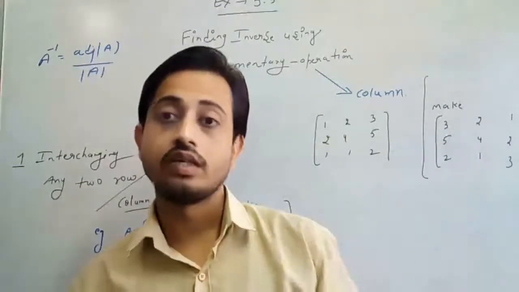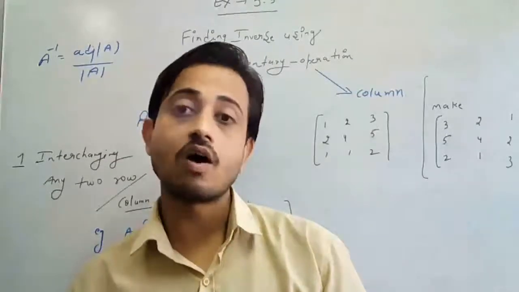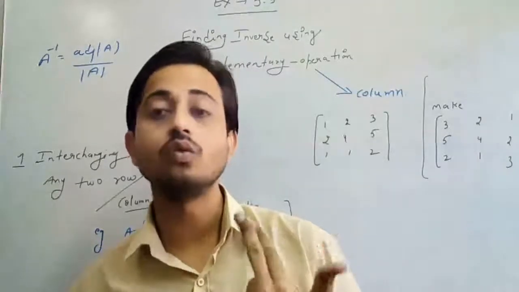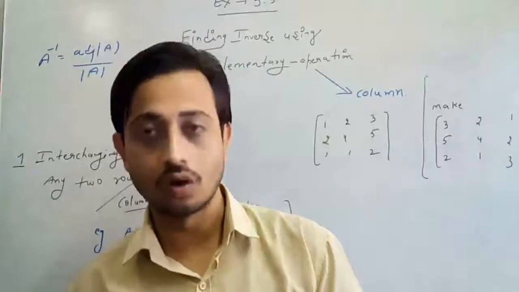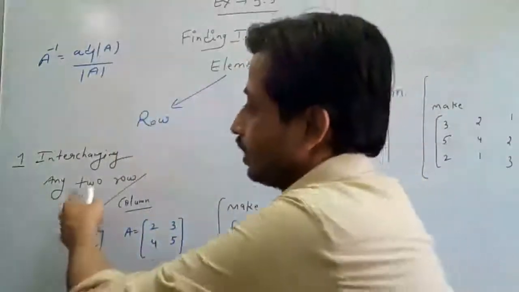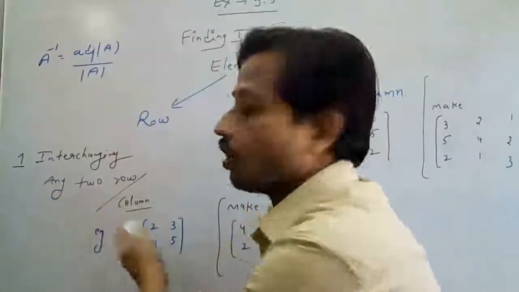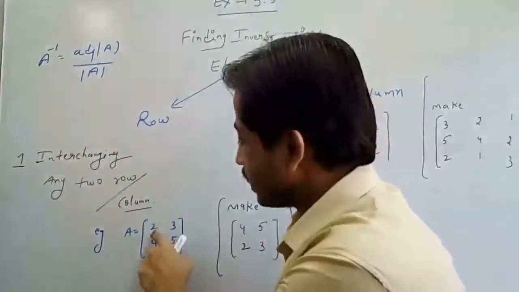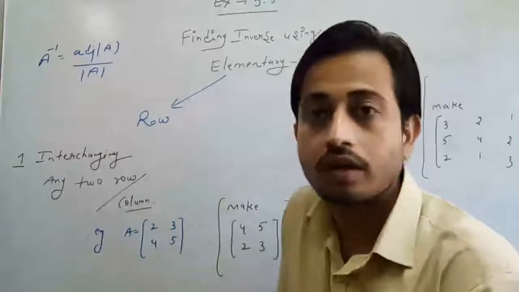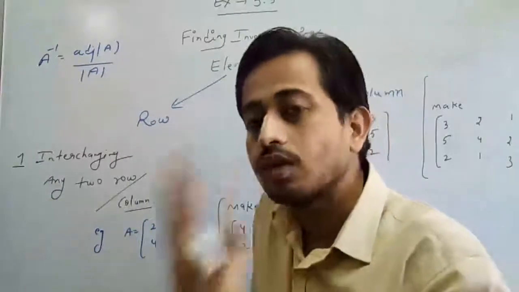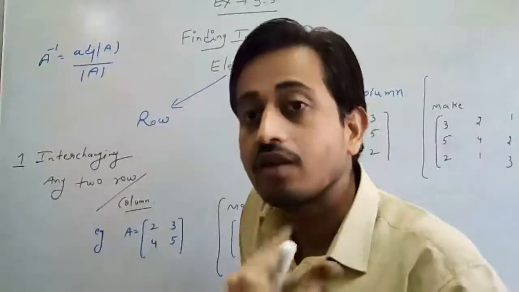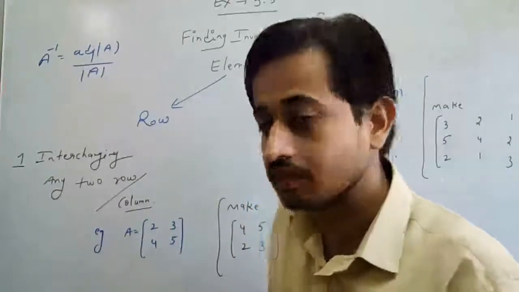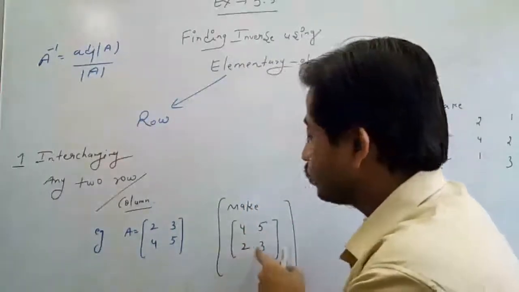In this, you have the option to interchange any two rows or any two columns. For example, suppose matrix A has the elements 2, 3, 4 and 5, but according to the question's demand, we require the elements 4, 5, 2, 3.